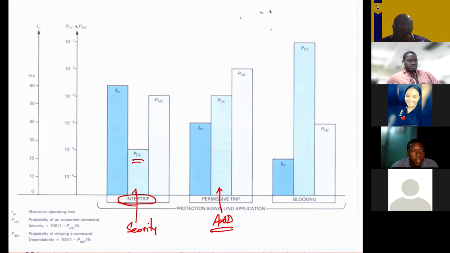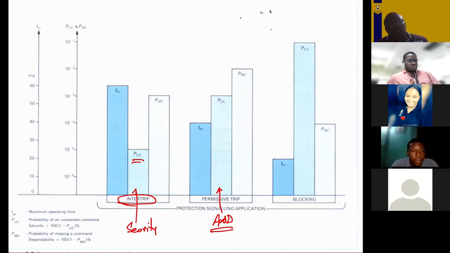When you flip the script and look now at dependability, which is missing a command, if you miss the command with your intertrip, it is of concern, but it will not destroy us, so to speak.